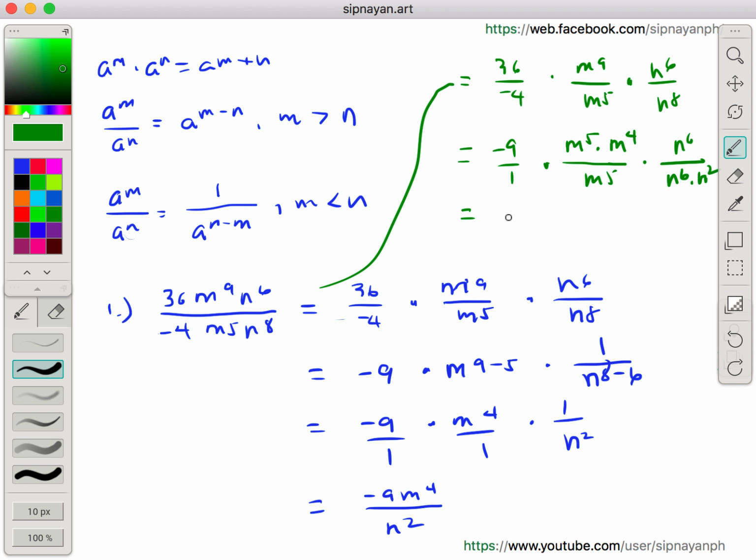So, magiging negative 9 over 1 times m to the 4th over 1, times 1 over n squared. So again, negative 9 times m to the 4th times 1 is negative 9m to the 4th over n squared.